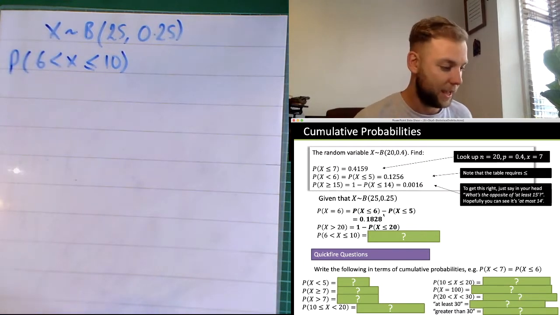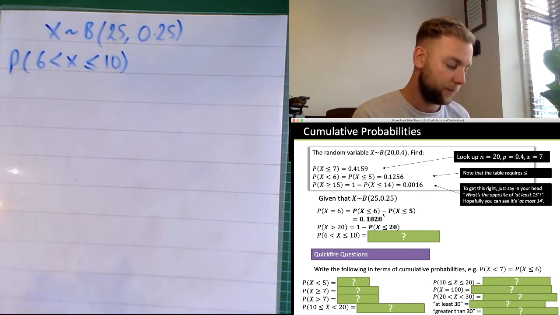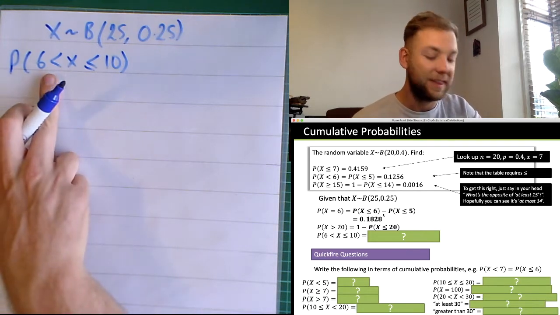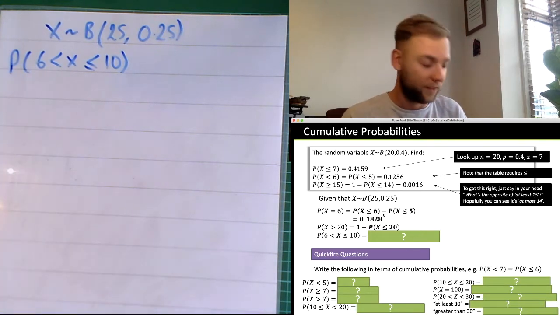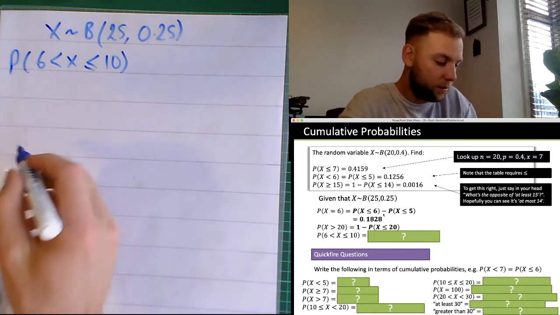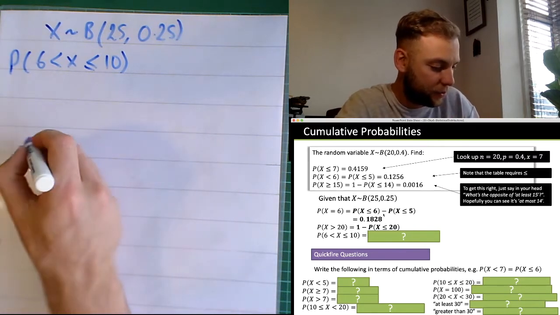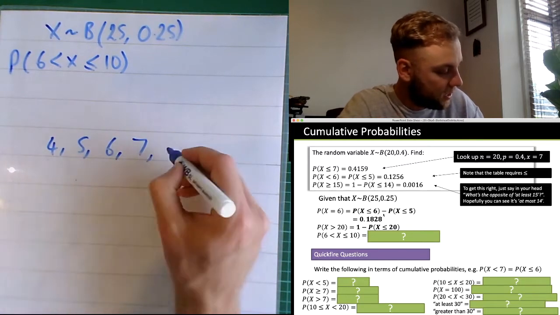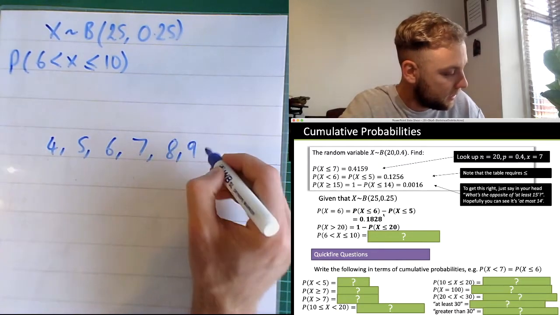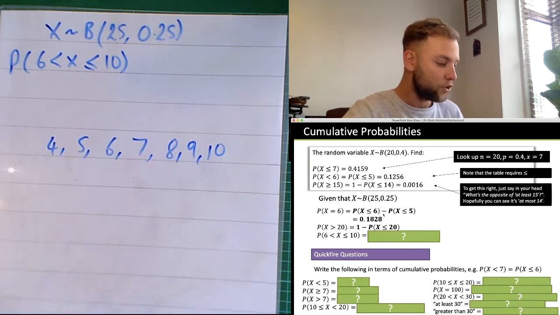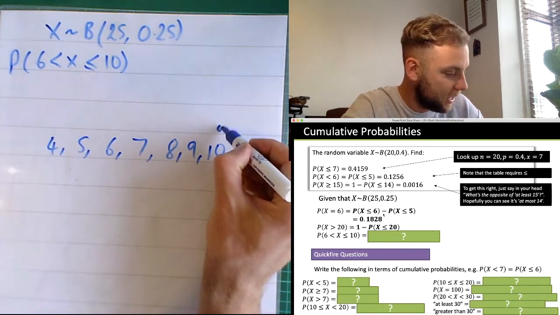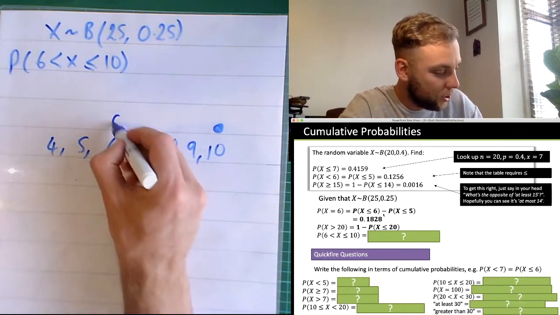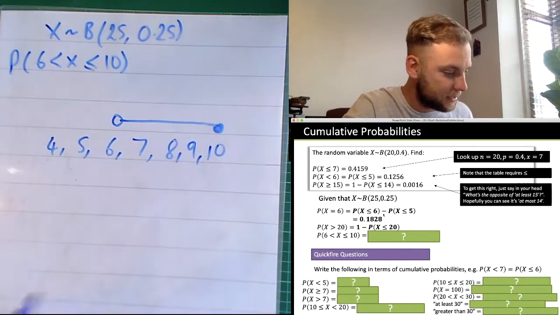With this one, the first thing we need to do is to make sure that this is a less than or equal to, like we've said, okay? Now, it's probably worth just thinking about it. So maybe write in 4, 5, 6, 7, 8, 9, 10. We want everything which is between here, including that one, and not including 6.